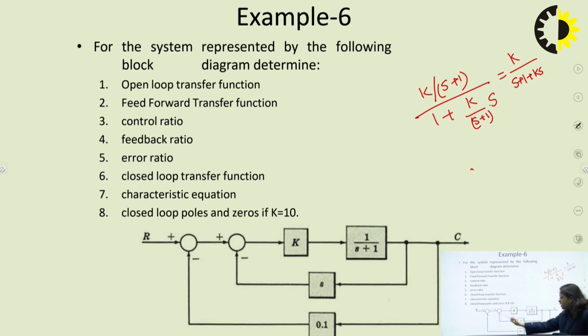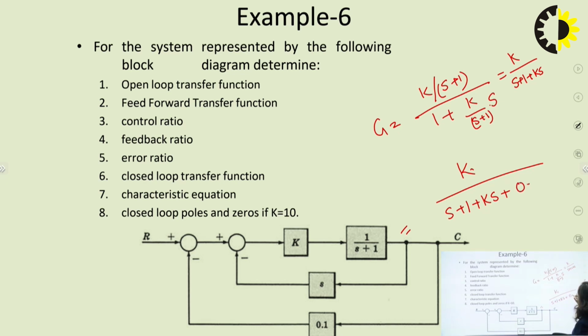This block again will become G and H becomes 0.1. So the overall block will be replaced by G, that is K, upon 1 plus G multiplied by H, that is 0.1, which becomes 0.1 K. So this is the overall transfer function of this single block.